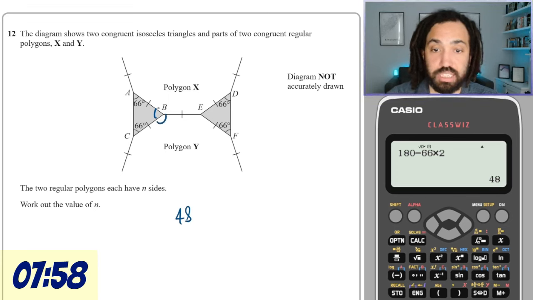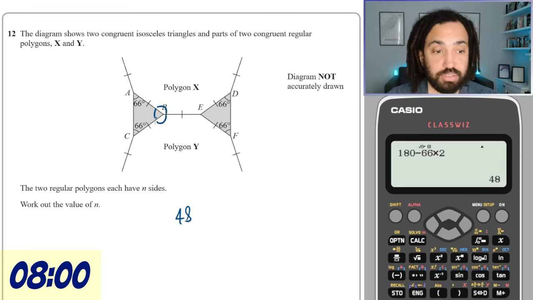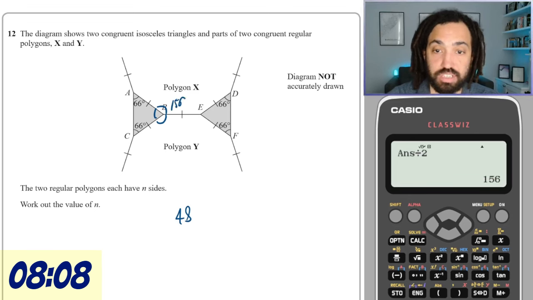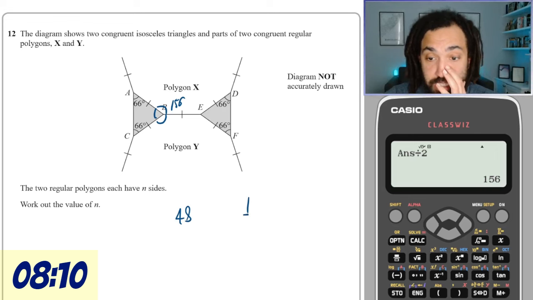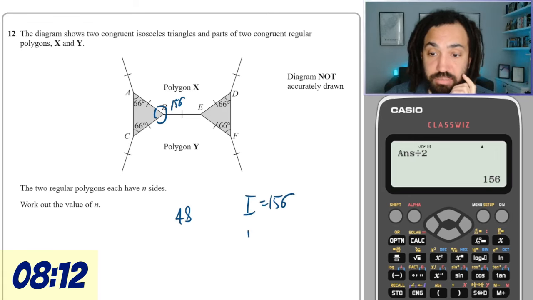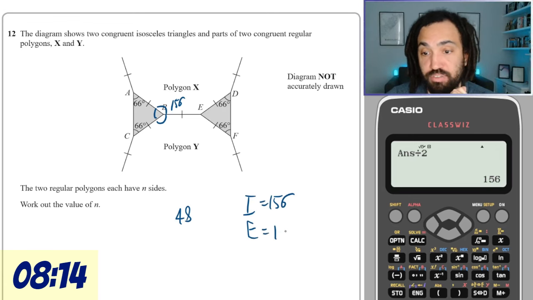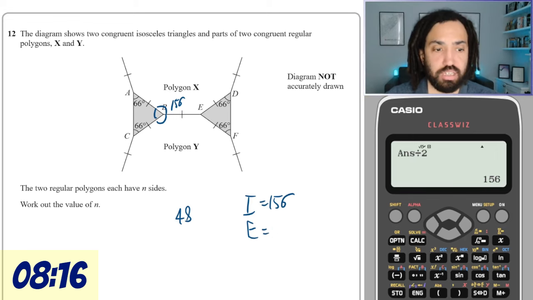So these angles in here must add up to 360. So 360 minus the 48 and then divide by 2 tells me that these are 156. If the interior angle is 156, the exterior angle must be 180 minus 156, which is 24.